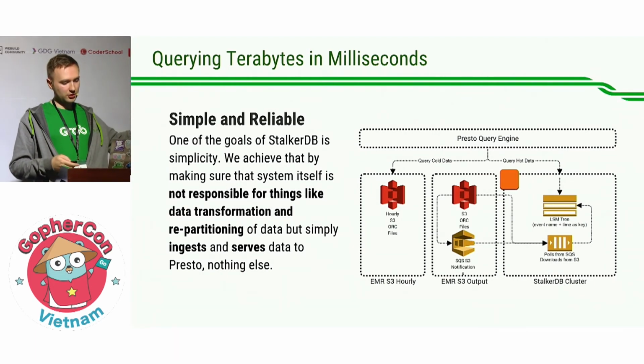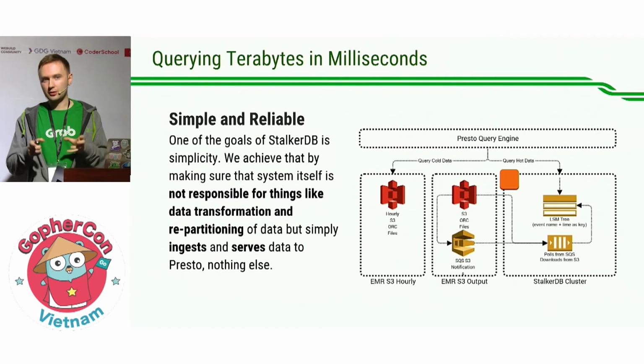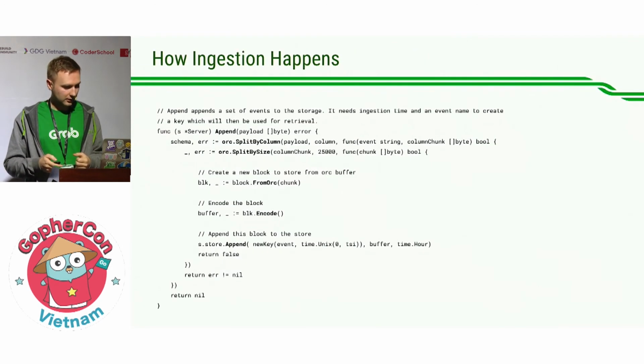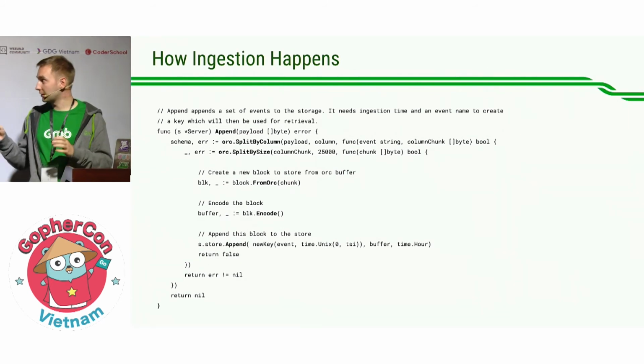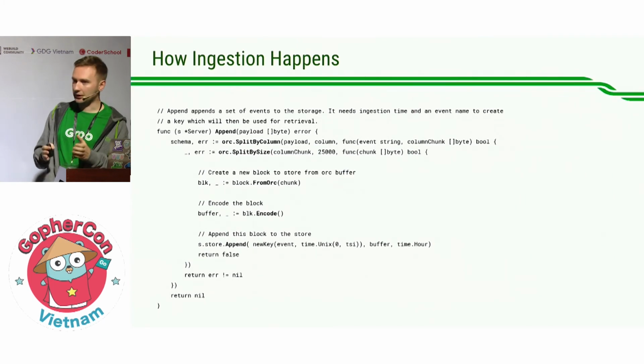Stalker downloads asynchronously those smaller, 30-second files as they get published to S3, ingests them into itself, and then you can query them. The ingestion is relatively simple, but you split by metric name in this case, into smaller chunks.